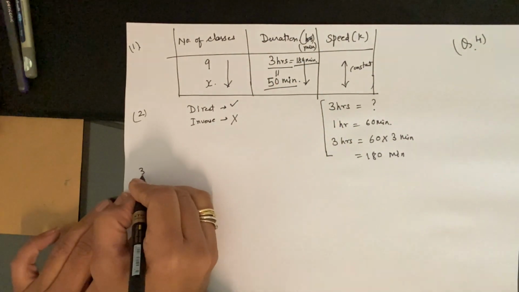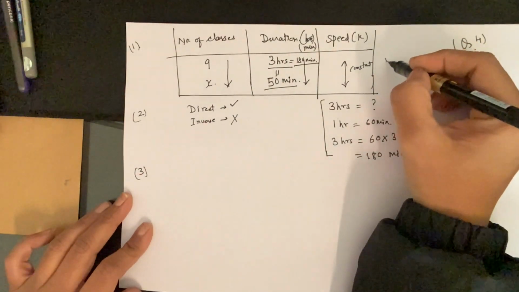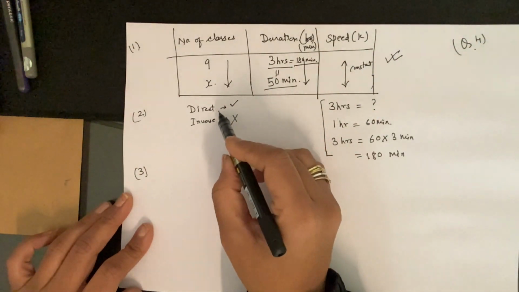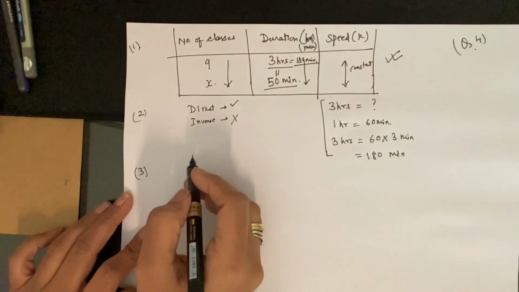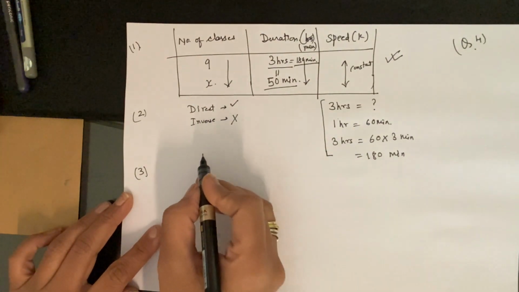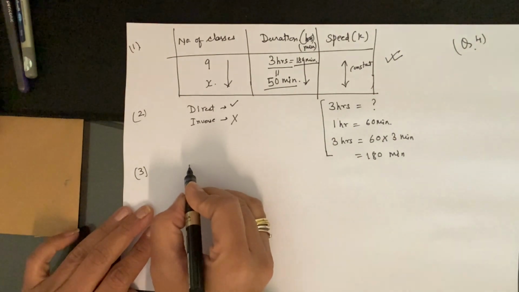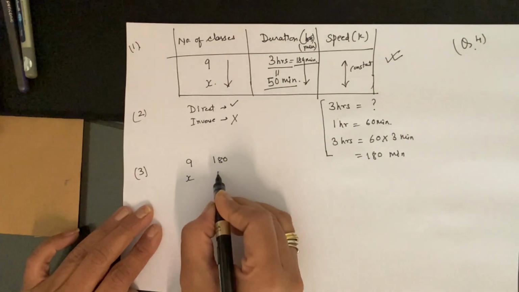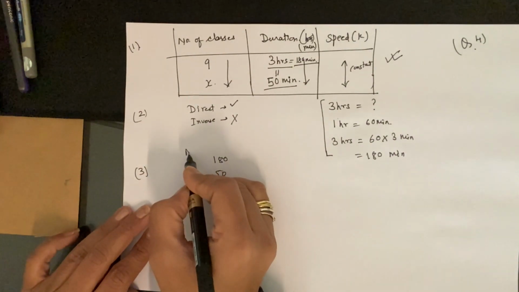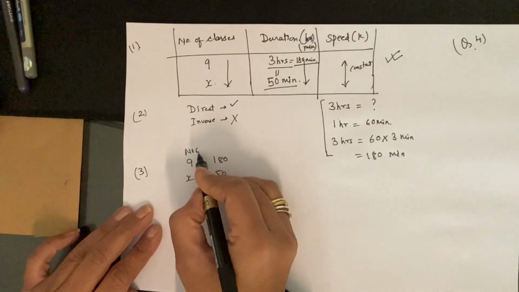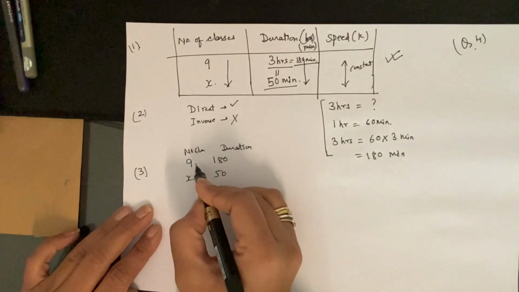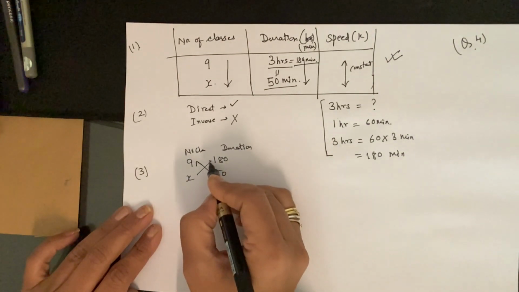Now we'll apply the method. Since we have done step 1, defining the variables, and step 2, understanding if it's a direct or inverse proportion, now we will apply the method. The method here is cross multiplication. If this is the number of classes and this is the duration, we'll do the cross multiplication here.